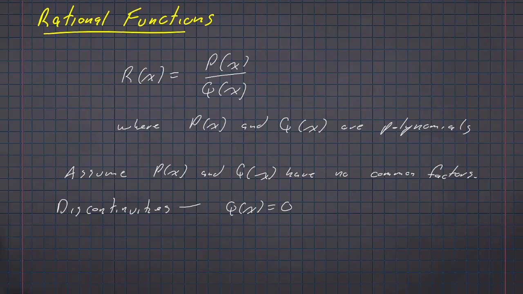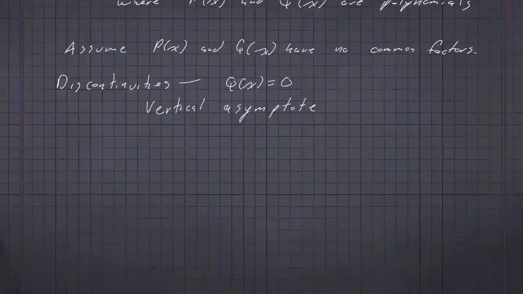And very specifically, each of these discontinuities takes the form of a vertical asymptote. An asymptote is an auxiliary line that we draw to help us better shape a graph. To show you what I mean, let's look at a very simple example.